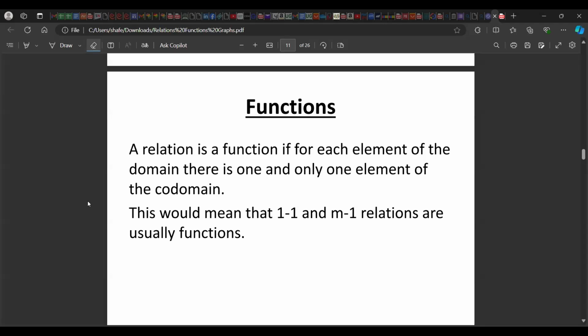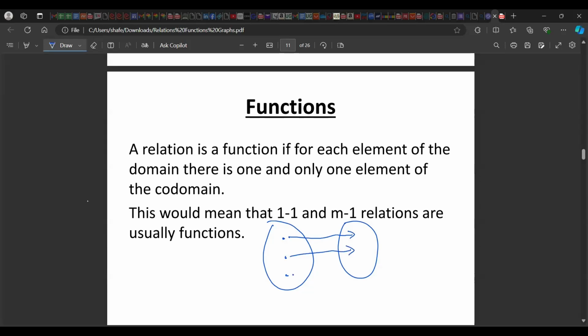Now, what I am saying is that when you watch the mapping diagram, for example, let's say you have 3 elements here. One arrow must leave and go across here.